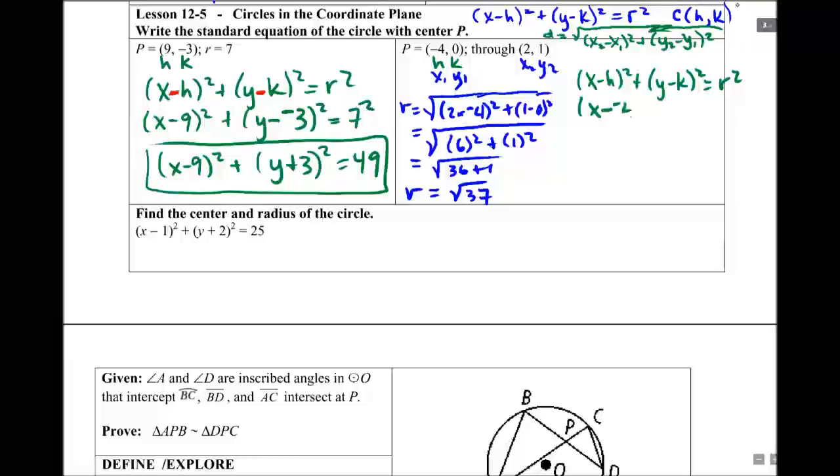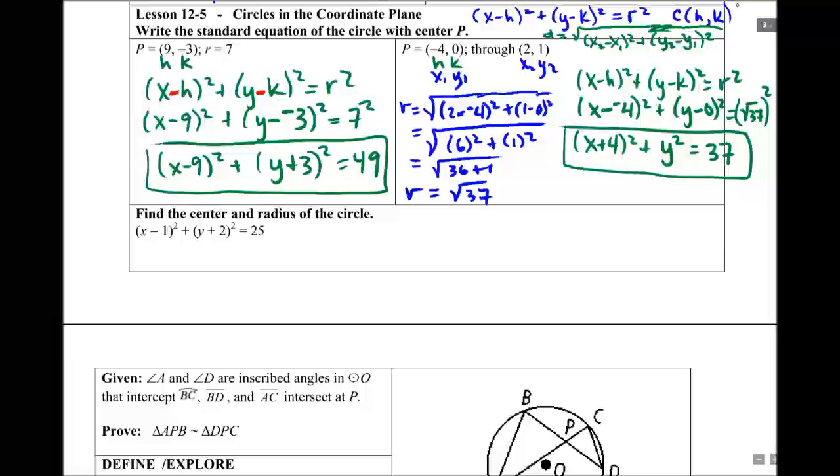It was a negative 4. y minus k is 0, equals the square root of 37, and we square r. So we get x plus 4, quantity squared, plus y minus 0 is just y squared, equals 37, and the square of a square root is just the number itself. So there's the equation of that circle.